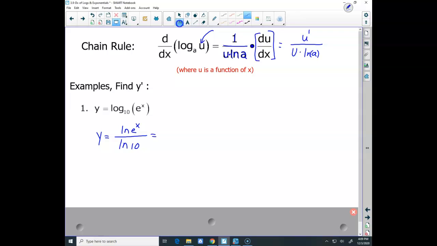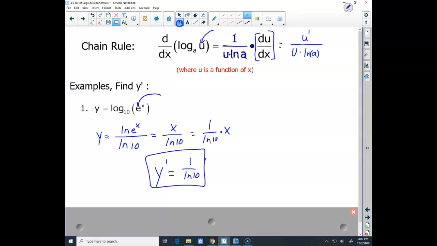Oh, because the ln of e to the x, well, that's just x over ln 10. Well, that's really just a constant times x. So y prime would just be 1 over ln 10. And that's why that one went away, because I actually have that base e written inside of it there, okay?